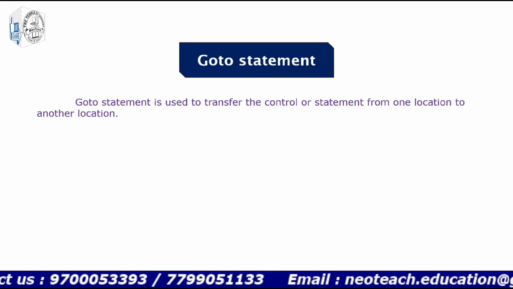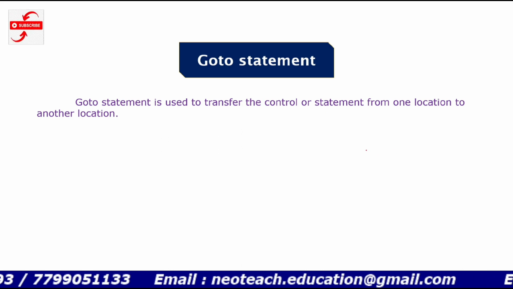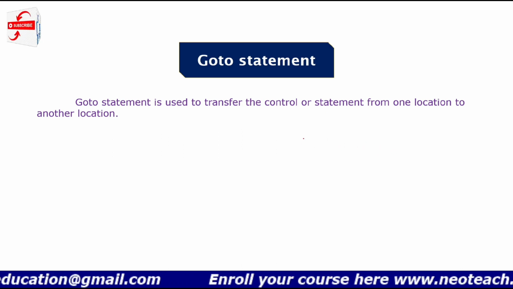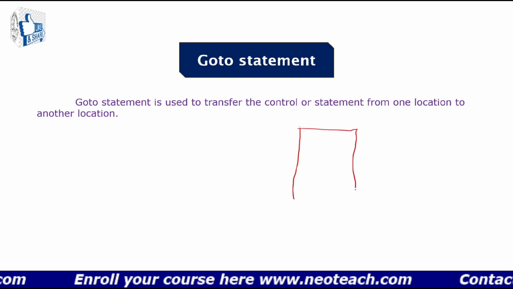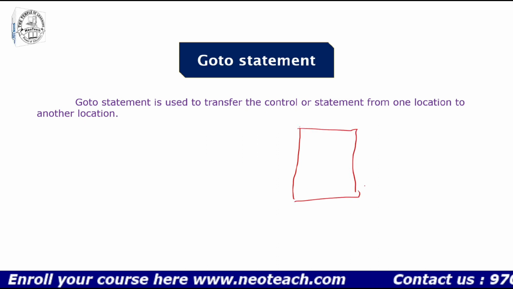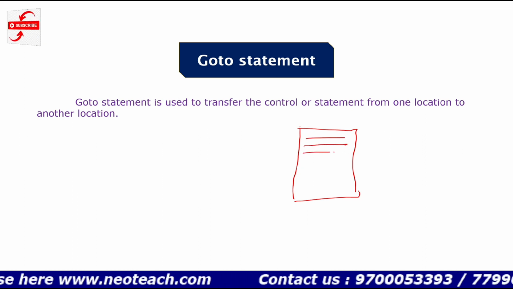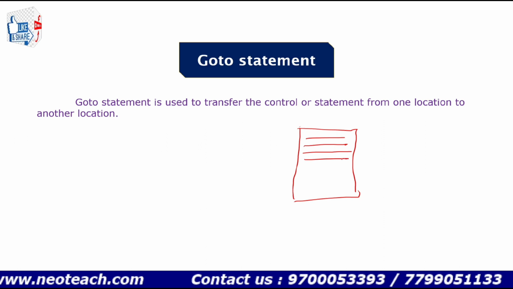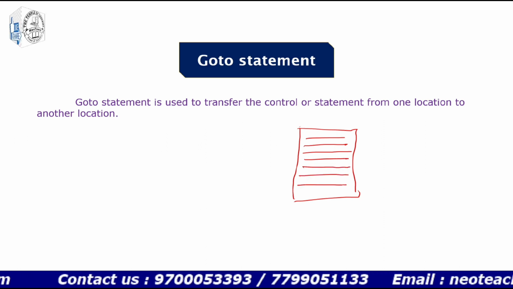So why are we saying either control or statement transferring? Suppose a program is nothing but a set of instructions. Say this is a program. Example I am taking here, this is one program. In this program some statements are there, a group of instructions or statements I am writing here. These are the set of instructions.